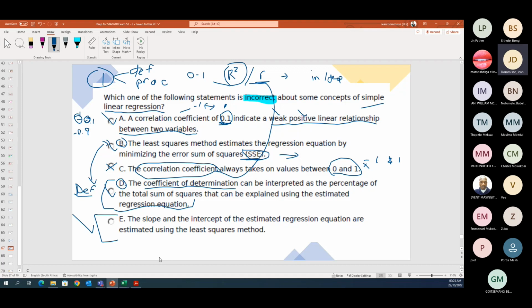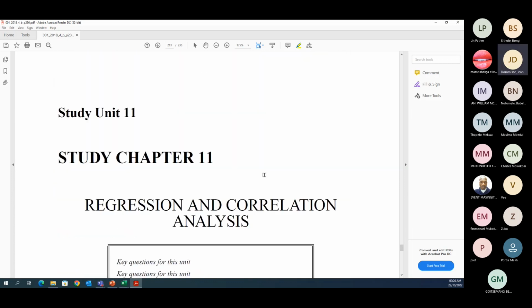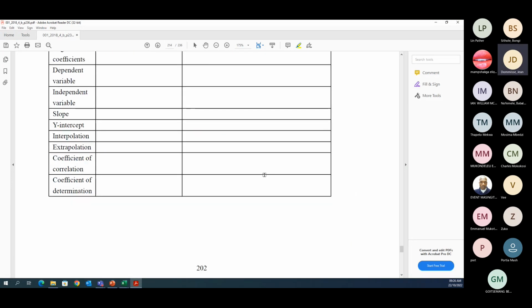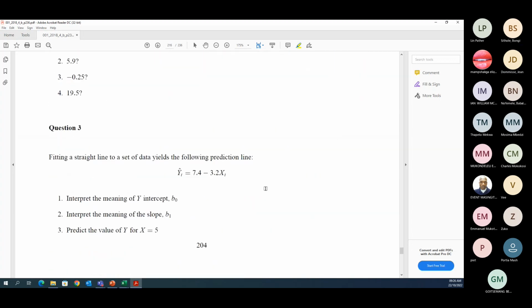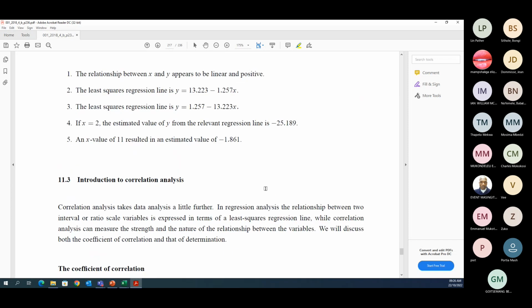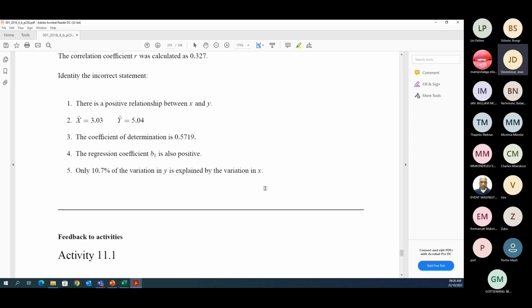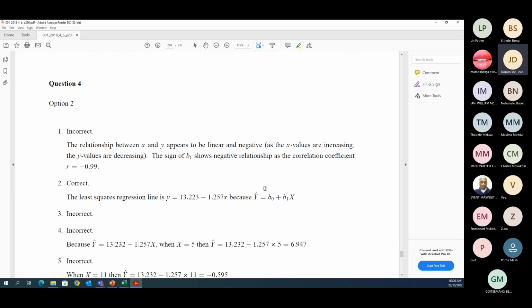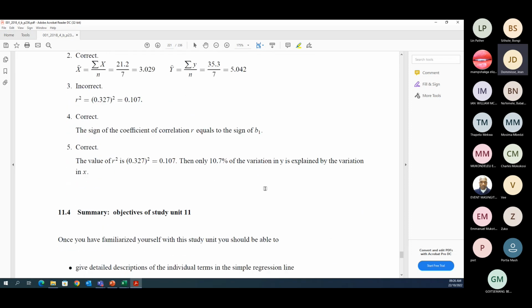Let me check if I added those formulas in this one.